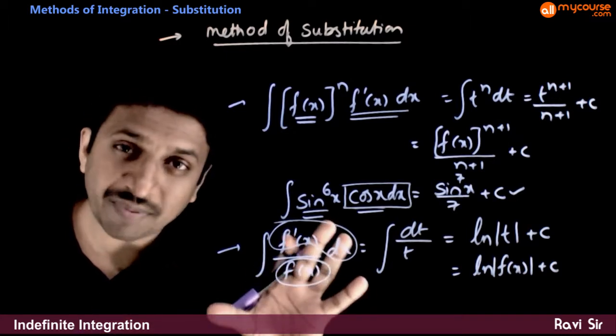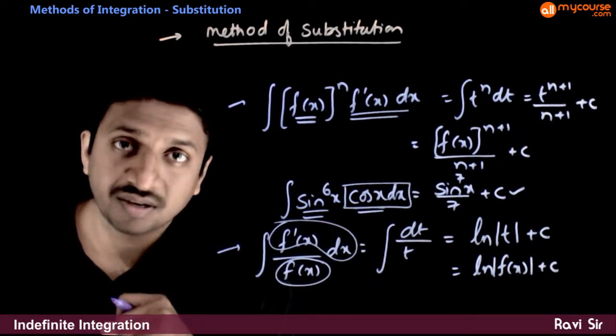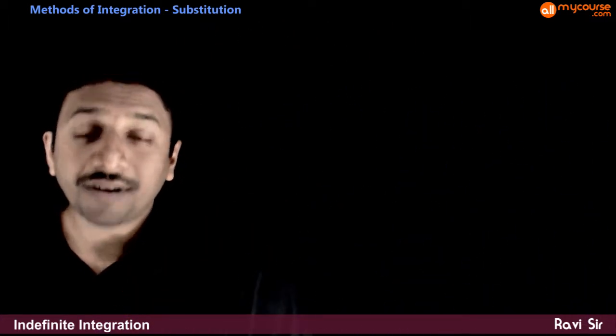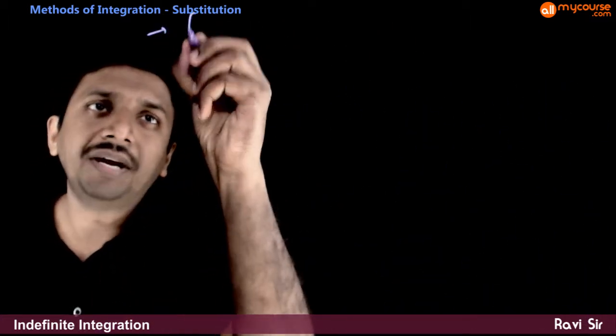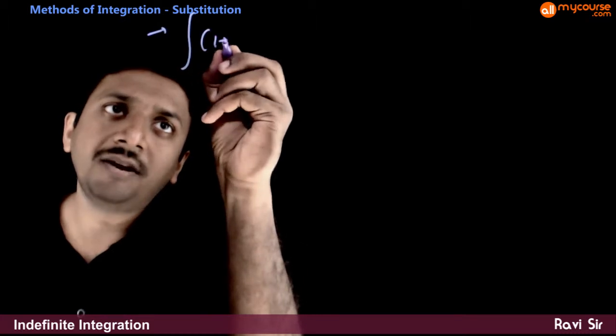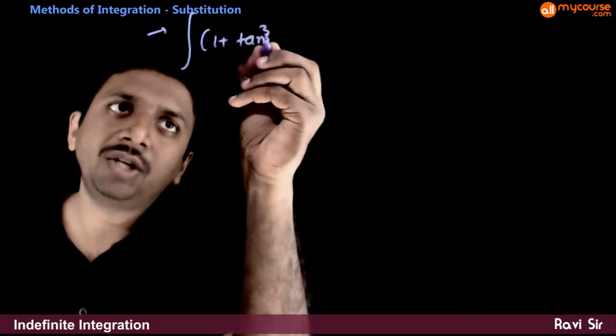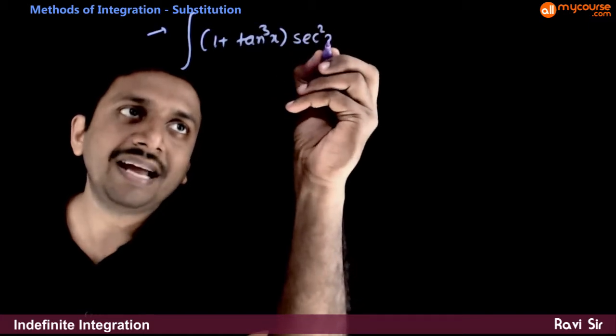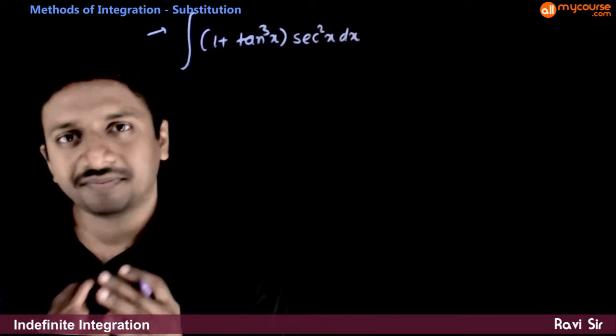So let us take some examples and see how to use these formulas that we have. For example, if you have to integrate 1 plus tan cube x followed by secant square x dx.